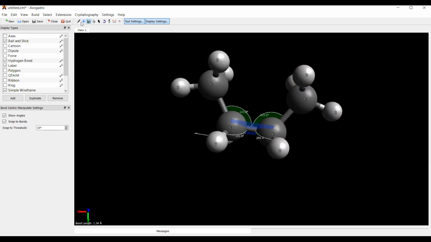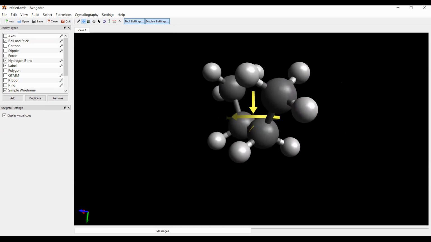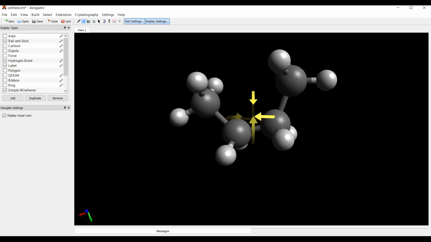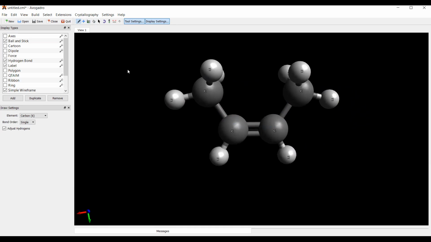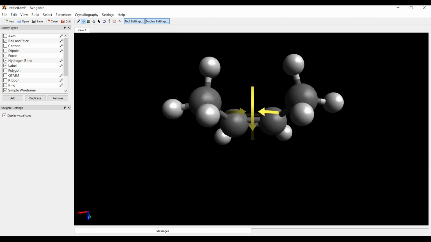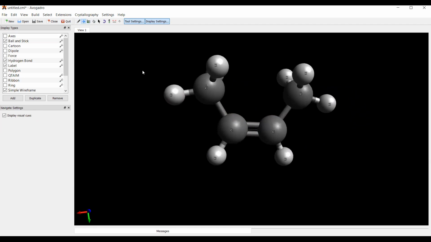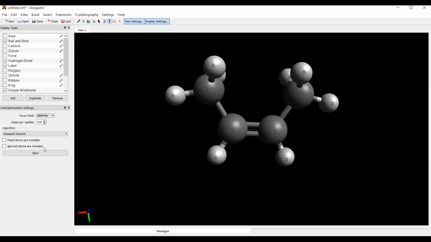It's quite fine. Somewhat like that only. Now I just have to add a double bond here, correct? If I add a double bond here, now it is the A structure. Tell me. Yes. It is the A structure.